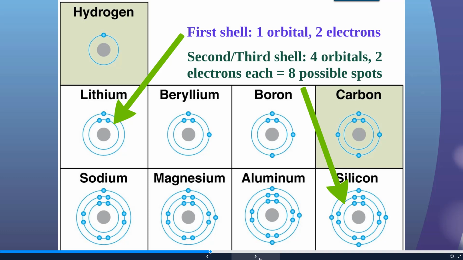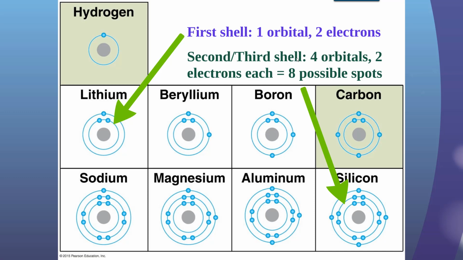So it's important to understand some of the rules with respect to electron behavior. In the first shell, we find that there is 1 orbital that contains a maximum of 2 electrons. In the second, third, fourth shell, we find that there are a total of 4 orbitals, each that contain 2 electrons. So in total, there are 8 possible spots for electrons within a shell in the second, third, fourth, and fifth shells.